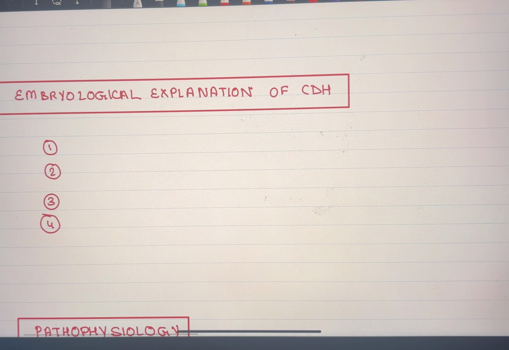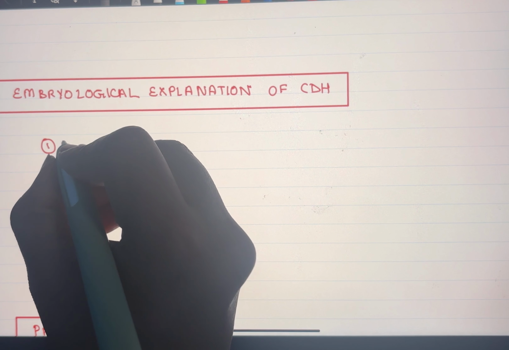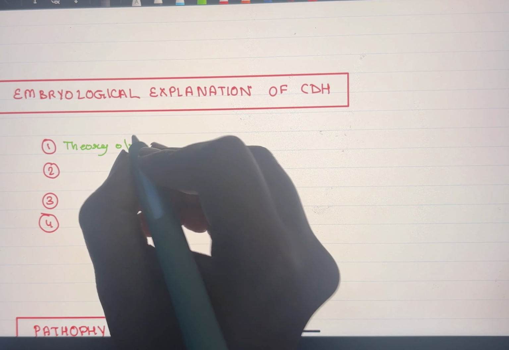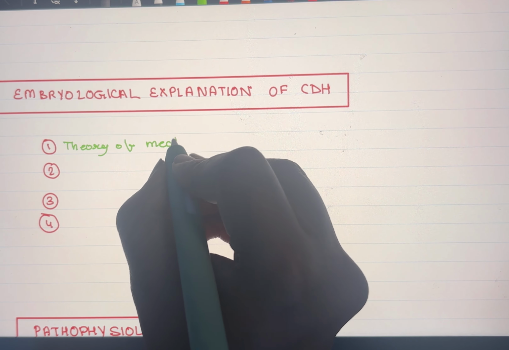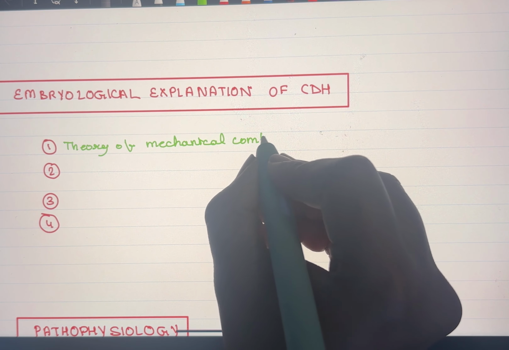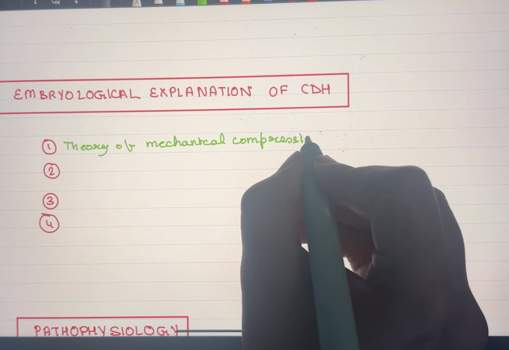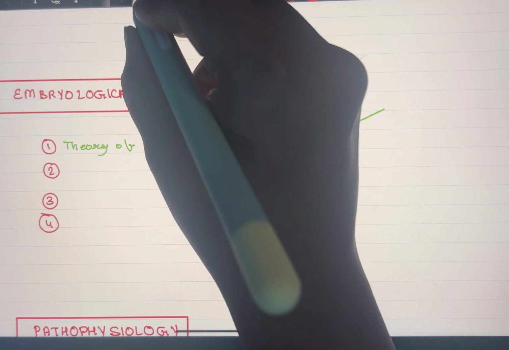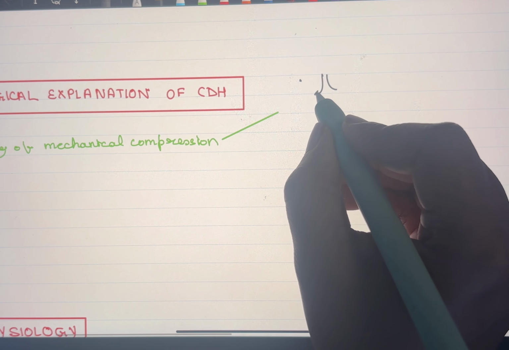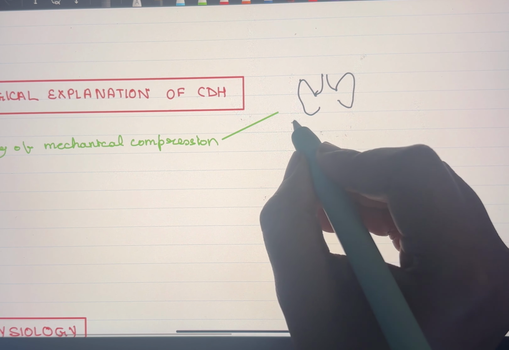Now we will see the embryological explanation of why congenital diaphragmatic hernia has occurred. Many scientists have given different explanations. Number one is the theory of mechanical compression. If we understand that, because of the diaphragmatic hernia, this is the lung and we have the diaphragm.